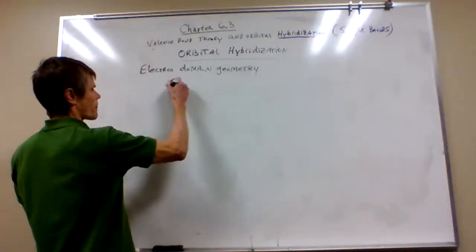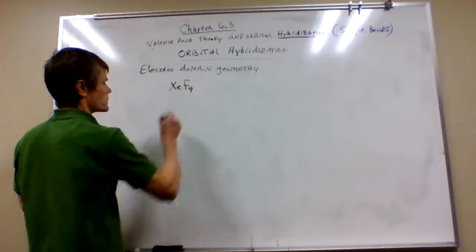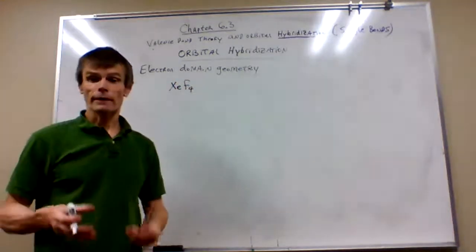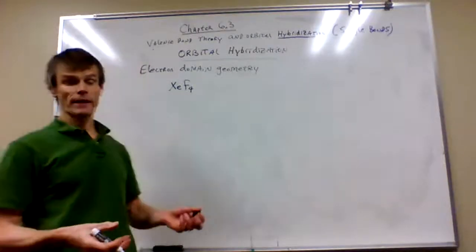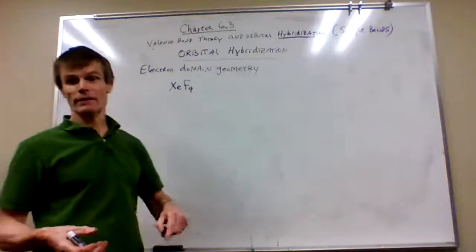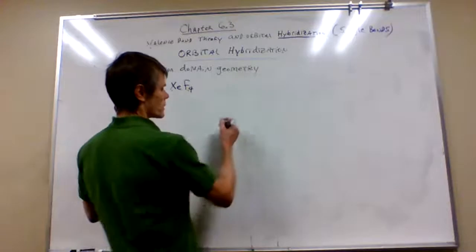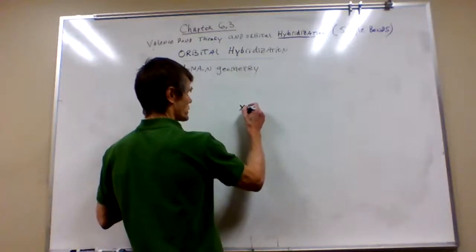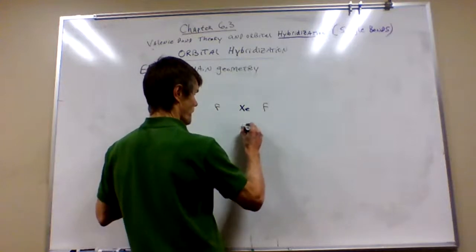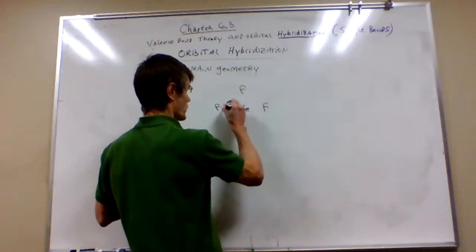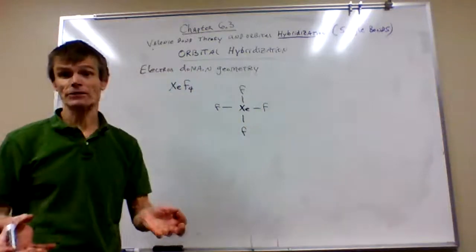Xenon tetrafluoride. Let's think about what kind of hybridization scheme we're going to need. And remember, xenon is an inert gas. So if we have our central xenon and we're going to have 4 fluorine about it, and we're going to have bonds, and let's remember our valence electron count.